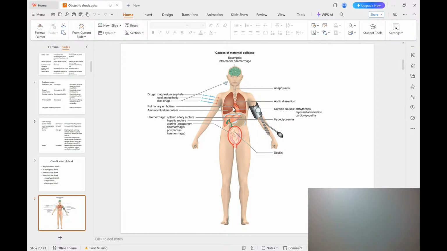Similarly, in the chest: pulmonary embolism, air embolism, amniotic fluid embolism, or aortic dissection. Some cardiac causes like arrhythmia, myocardial infarction, cardiomyopathy. Then hypoglycemia, sepsis, and hemorrhage like splenic artery rupture, hepatic rupture, antepartum hemorrhage, postpartum hemorrhage. These are all the causes of maternal collapse.